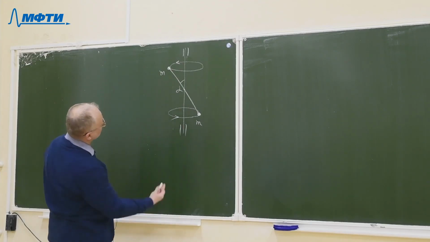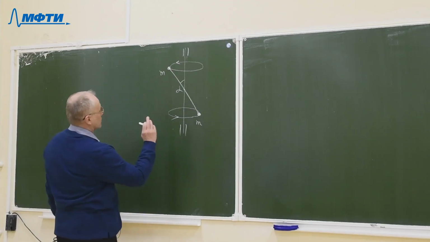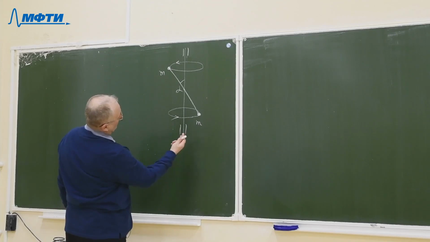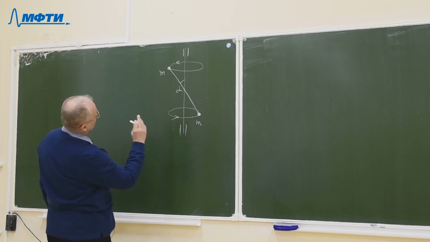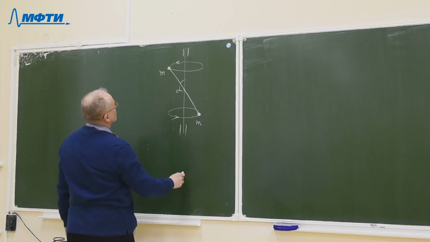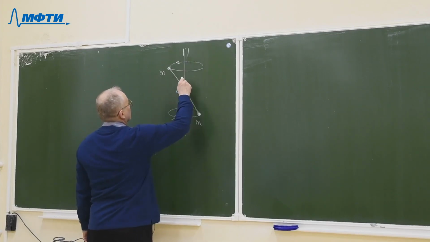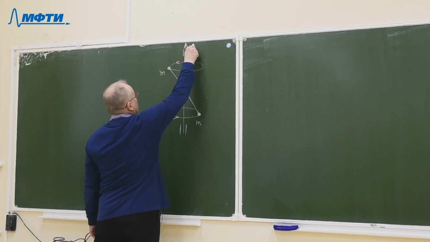If we look upward at this structure, it rotates in this way, so that the vector of angular velocity is directed upward.